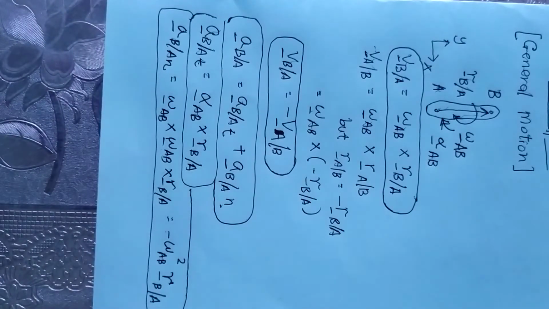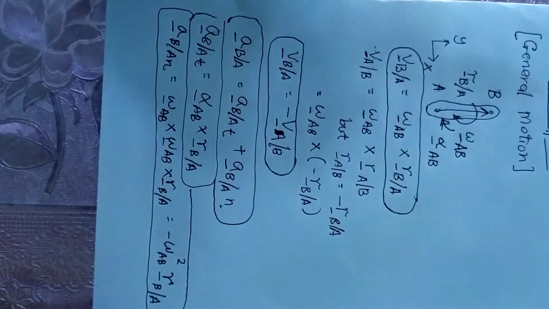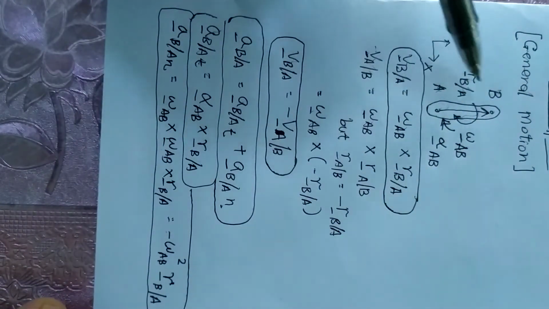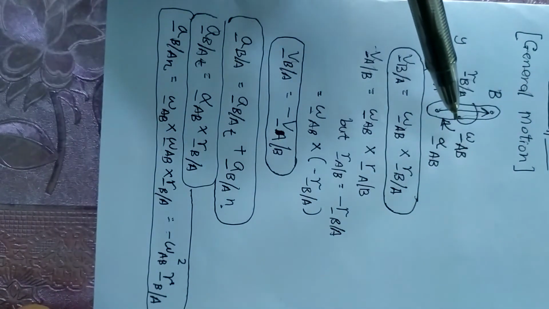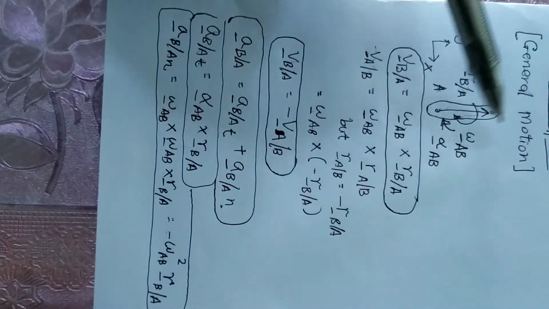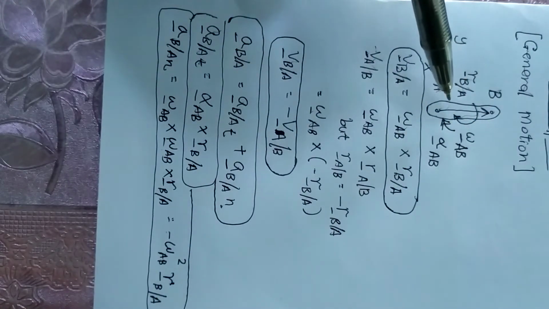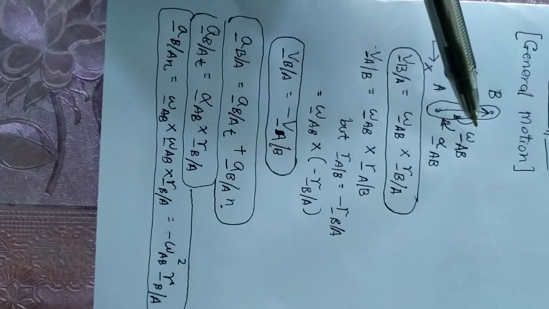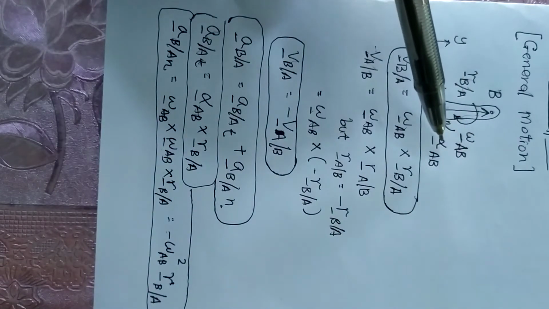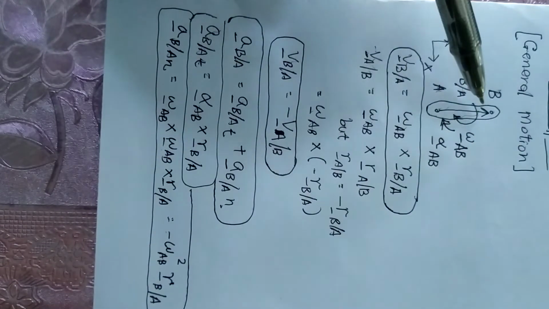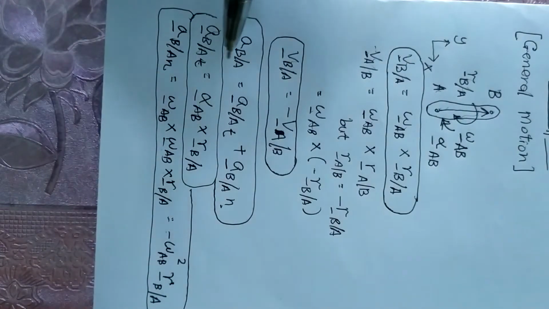Okay, so that is the equations of a rigid body which is going through a rotation and at the same time having an angular acceleration. So these are all relative velocity.